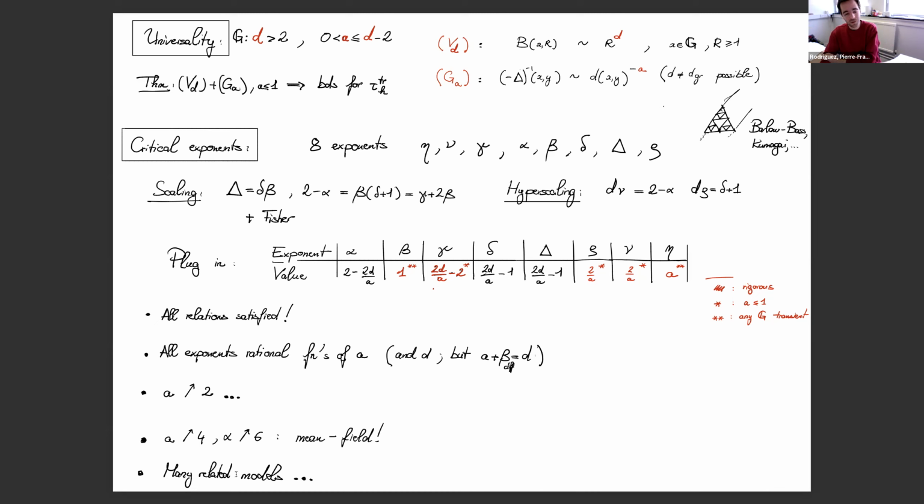Another class of models, which is of course related, is that of long-range Bernoulli percolation, where you add long-range bonds between vertices. It turns out that some of these exponents seem to coincide, but whether or not this defines the same universality class is not at all clear at the moment.